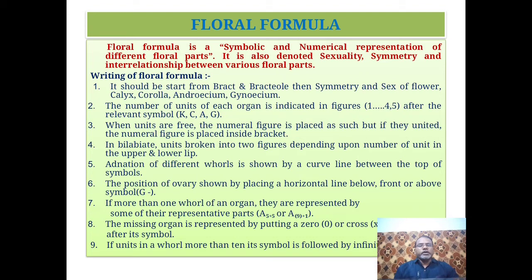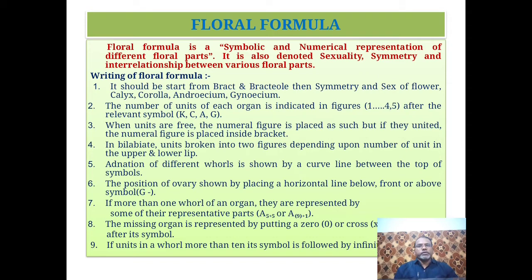In a bilabiate flower, the number is broken into two figures depending upon the number of units in the upper and lower lip. Addition of different whorls is shown by a curved line between the tops of symbols. The position of the ovary is shown by placing a horizontal line below, in front of, or above the symbol.